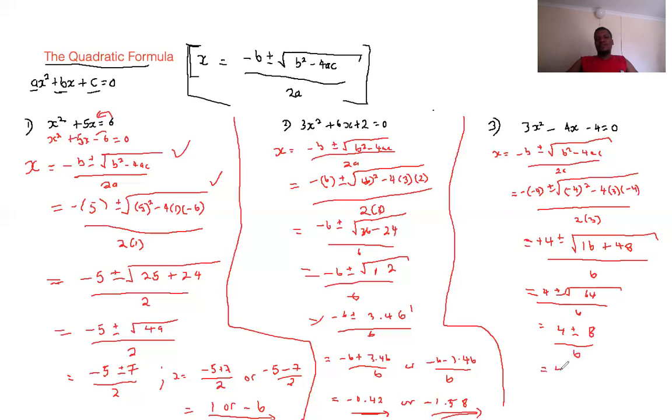So you get your two answers, 4 plus 8 all over 6, or 4 minus 8 all over 6. Then you get your two answers there. You have a 2 there, or negative 4 divided by 6 gives us a negative 0.67. So those are the two answers that we get.